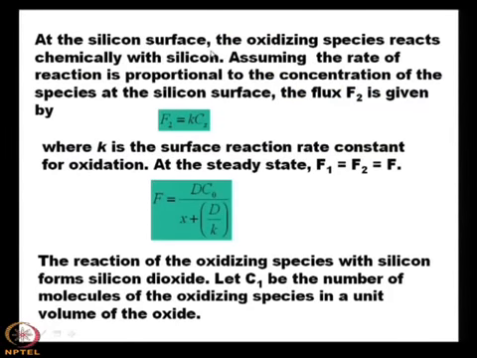At the silicon surface, the oxidizing species reacts chemically with silicon, assuming the rate of reaction is proportional to the concentration of the species at the silicon surface. The flux F2 is given by F2 equals K into Cs.